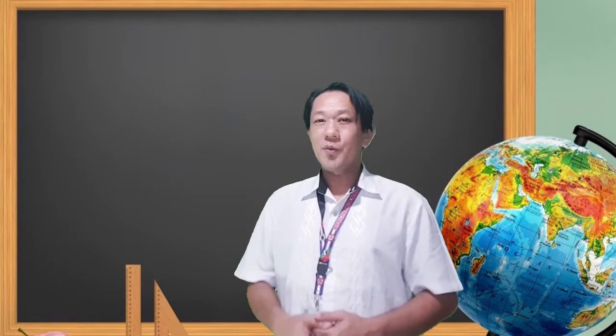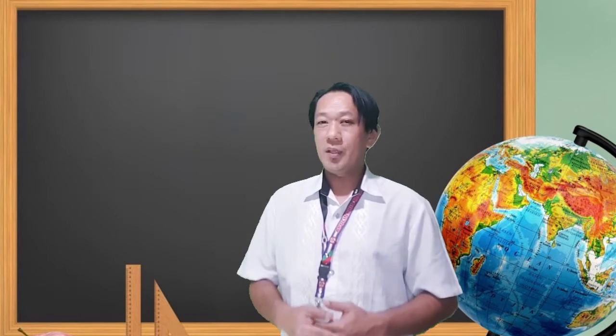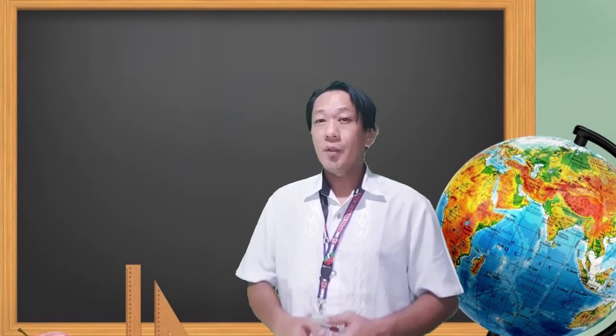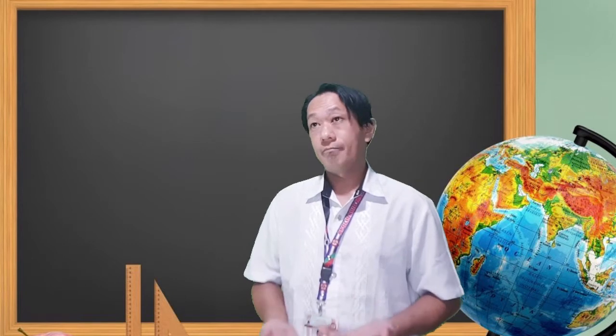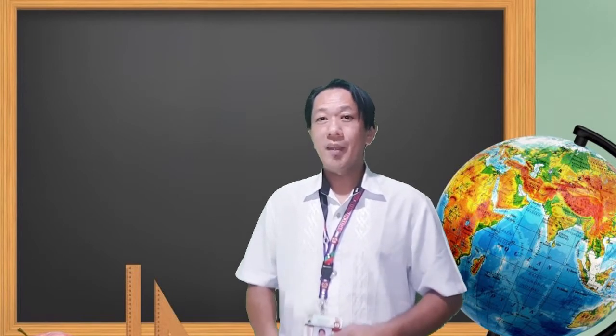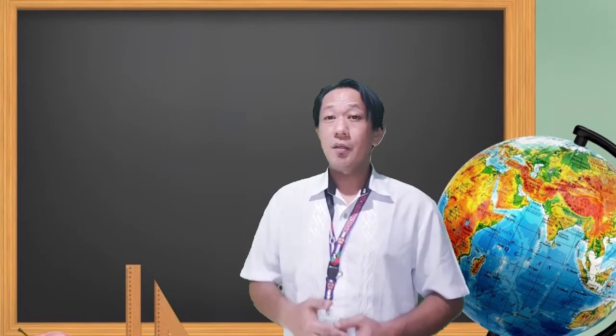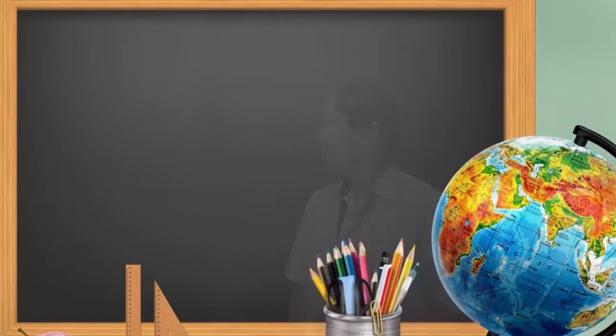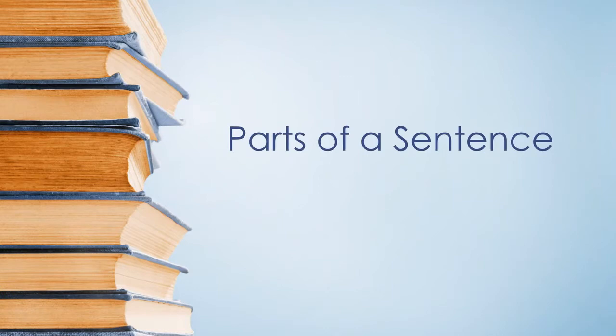So before we move on to the next activity, let us first try to review what makes a sentence and some parts and functions of a sentence. Now let us look at the parts of a sentence.